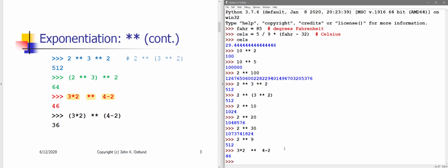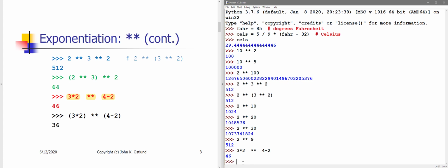definitely not 36, because the exponentiation has the highest precedence among these operators. All right, exponentiation has the highest precedence, then multiplication has the next highest precedence, and subtraction has the lowest precedence.